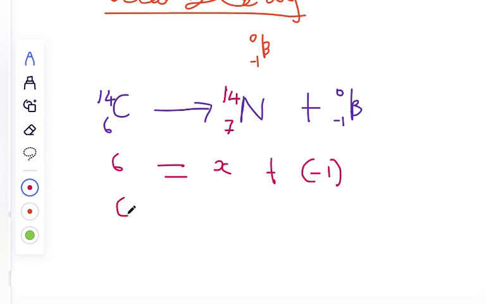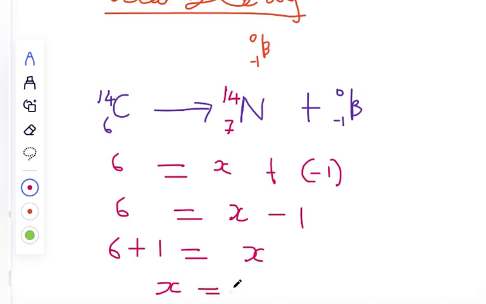So here it becomes 6 plus 1 equal to x. So x equals 7.